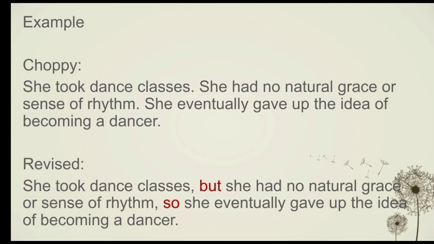So, revise: "She took dance classes, but" dinagdagan niya ng but, "she had no natural grace or sense of rhythm." So is another type of conjunction. "So, she eventually gave up the idea of becoming a dancer." So, sa pamamagitan nito, maitatama natin yung choppy sentences using conjunction.